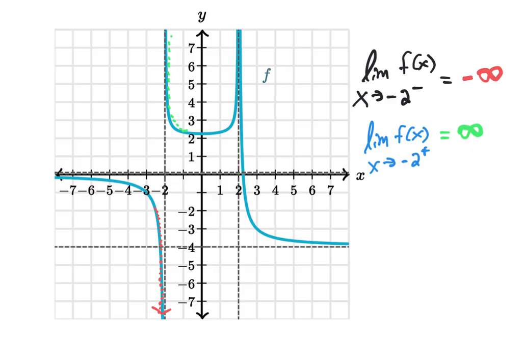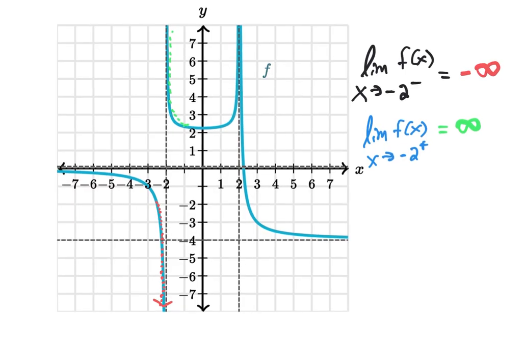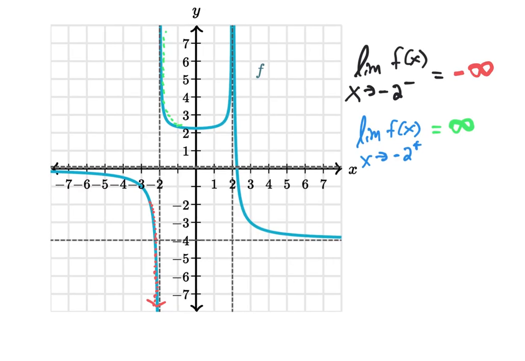Okay. There's one other type of question you'll see on today's homework, and that is, what happens if we want to see the end behavior of the graph? So the end behavior of the graph, we would say, what is the limit of the function as x approaches infinity? Meaning we want our x values to go towards infinity, and then we want to say, where is the y value actually going?